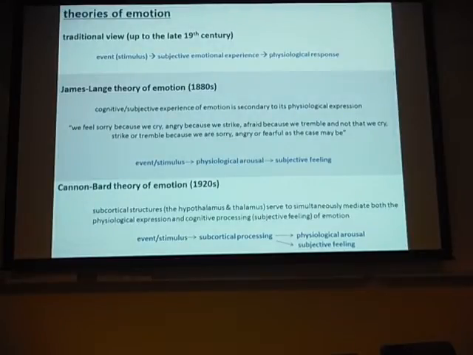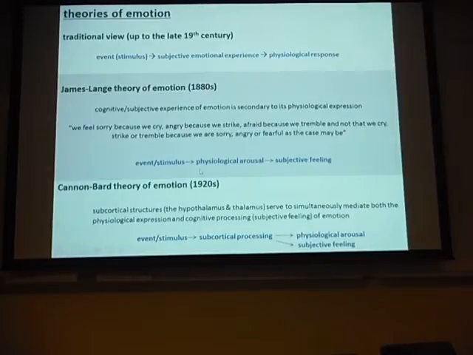That was the thought. And then James and Lange, two different people who worked together, came along, and they believed that the subjective experience of emotion was secondary to the physiological expression. So, in their words, we feel sorry because we cry, angry because we strike, afraid because we tremble.